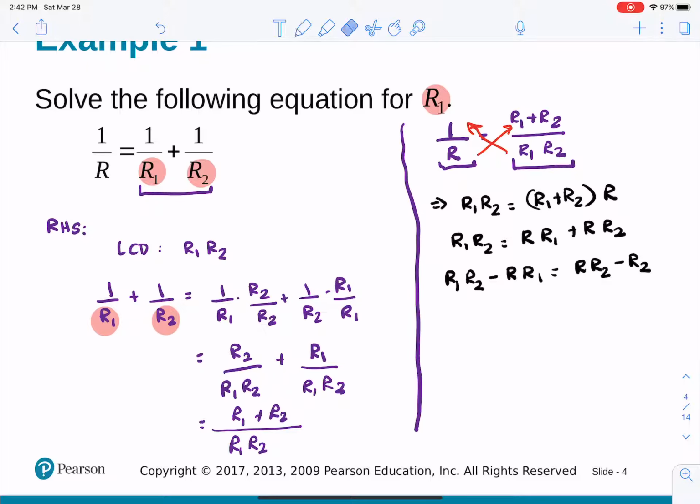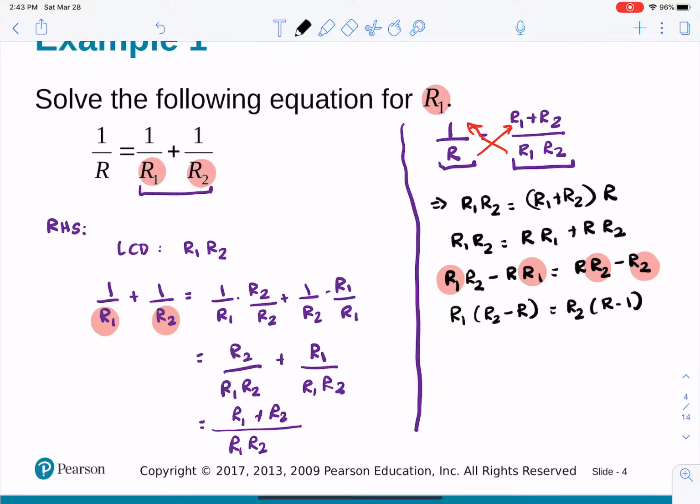We have r1 in common here, so if I pull r1 out, I would have r2 minus r. We have r2 in common here, so if I pull r2 out, I would have r minus 1.